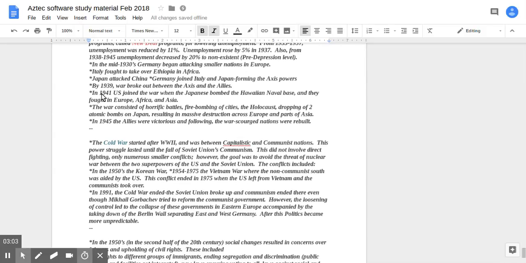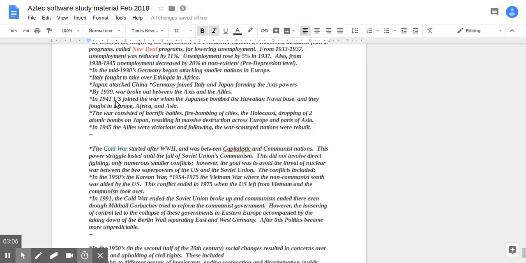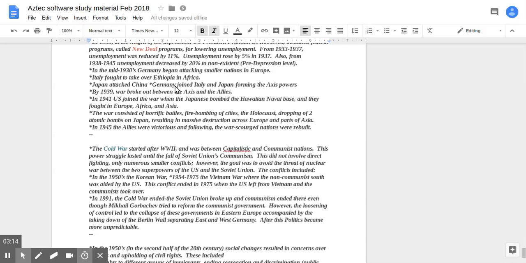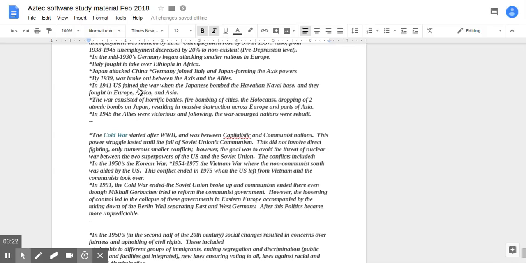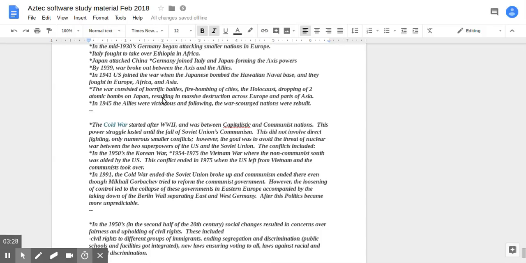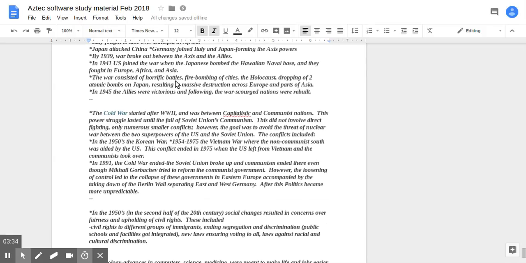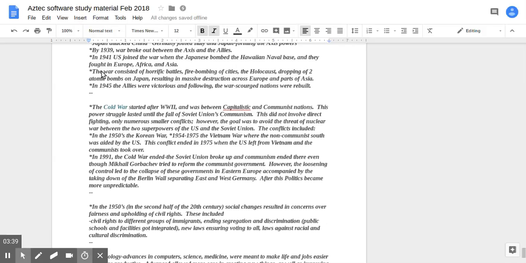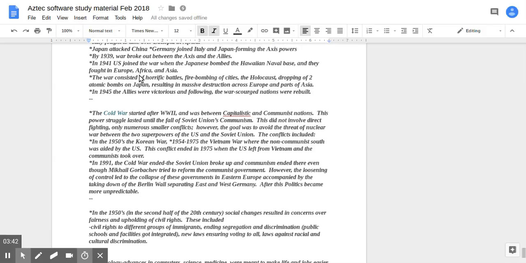So by 1939, war broke out between the Axis, which was again Germany, Italy, and Japan, and the Allies, which was Great Britain, Russia, and the U.S. In 1941, the U.S. joined the war because the Japanese were bombing the Hawaiian naval base, and they caused the U.S. to start fighting in Europe, Africa, and Asia.